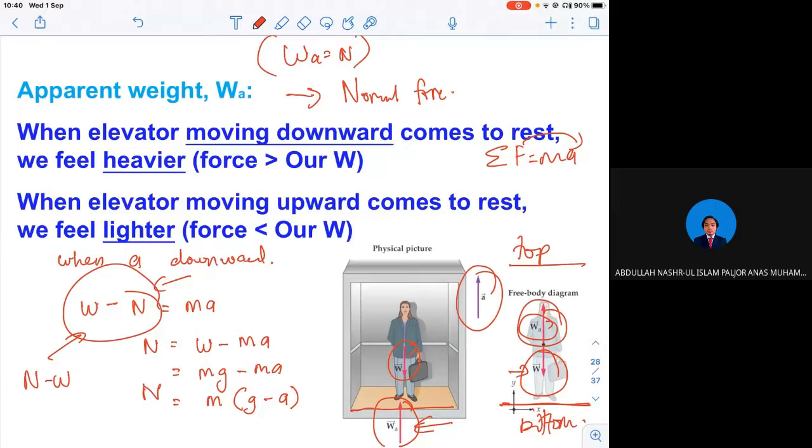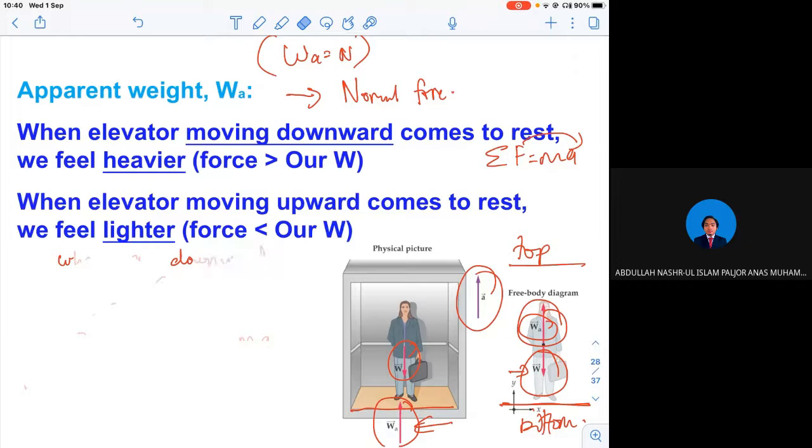Forces on the right will minus everything on the left. Let me explain with one example, which is acceleration downward.